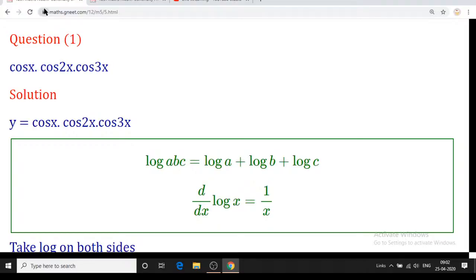Speed is 0. Students, just wait for 2 minutes.